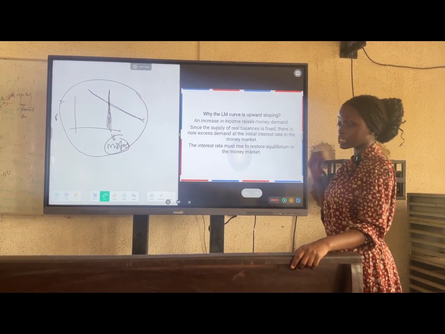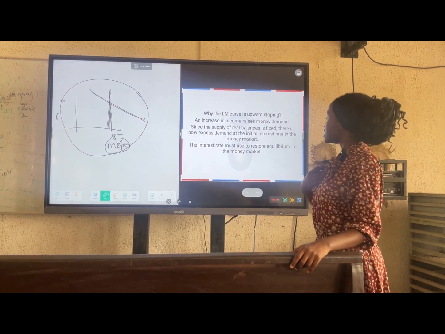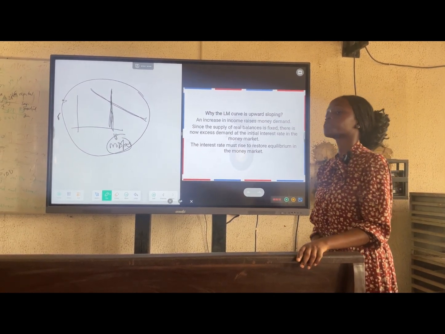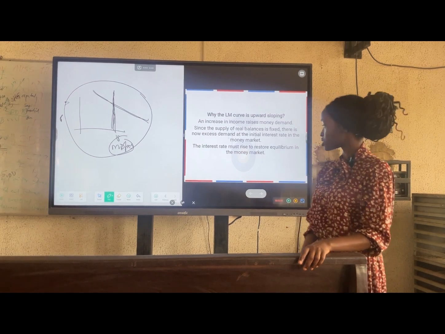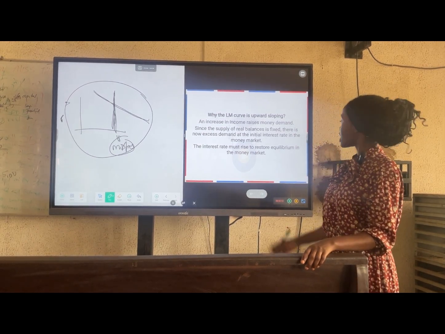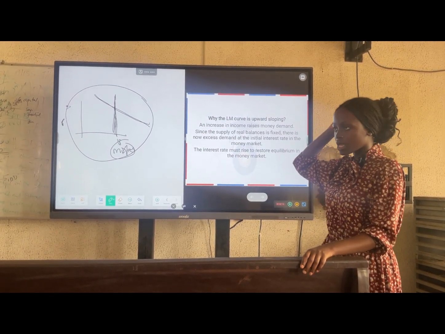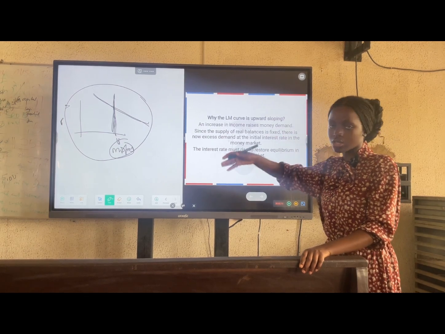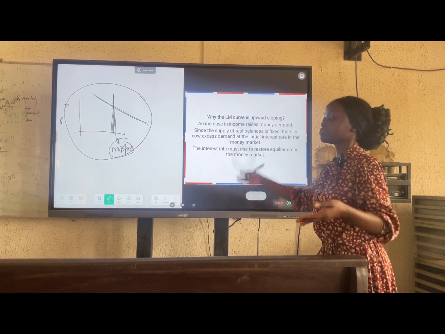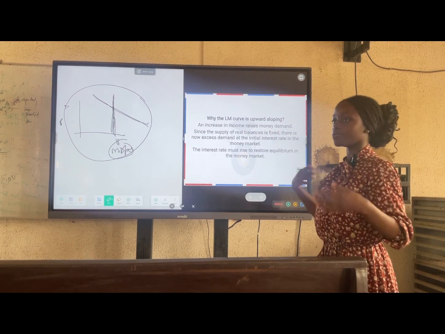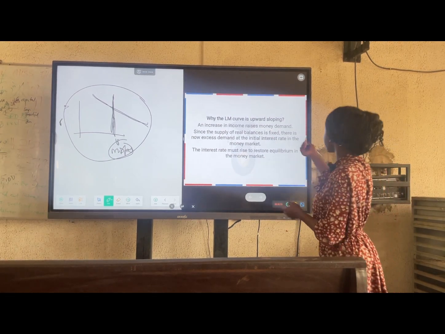That's just an example, it should be more than that. And let's say the average income for individuals in an economy increases. There will be an excess demand, because the central bank said it's $3,000 we are supplying to the economy this month, then people start demanding money, so of course there will be excess demand.